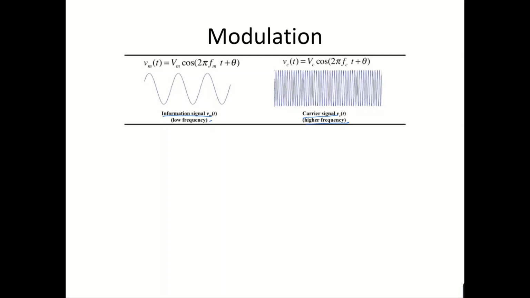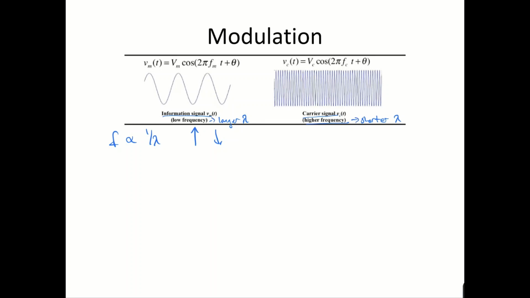And if you remember that frequency and wavelength are inversely proportional, that means that as one goes up, the other goes down. So with lower frequencies, we have longer wavelengths, and for higher frequencies, we have shorter wavelengths.